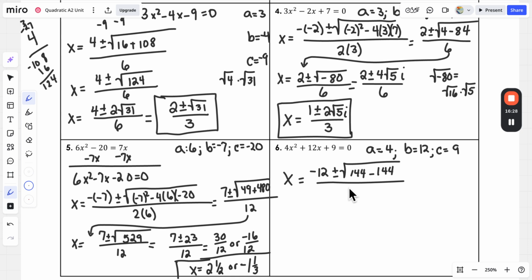All over 2A, which gives me 8. 144 minus 144 gives me 0. The square root of 0 is 0, so that leaves me with just -12 over 8. -12 over 8 is the only answer for that problem.